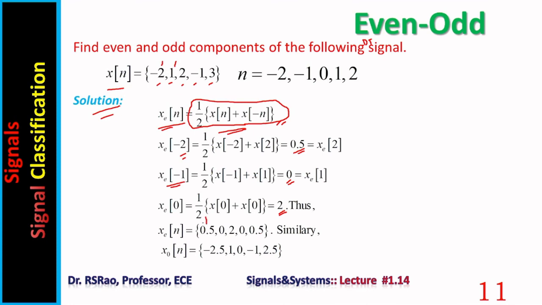These are xe of minus 2, minus 1, 0, 1 and 2. In the same manner, one can compute the odd part too. It turns out to be the sequence minus 2.5, 1, 0, minus 1, 2.5.